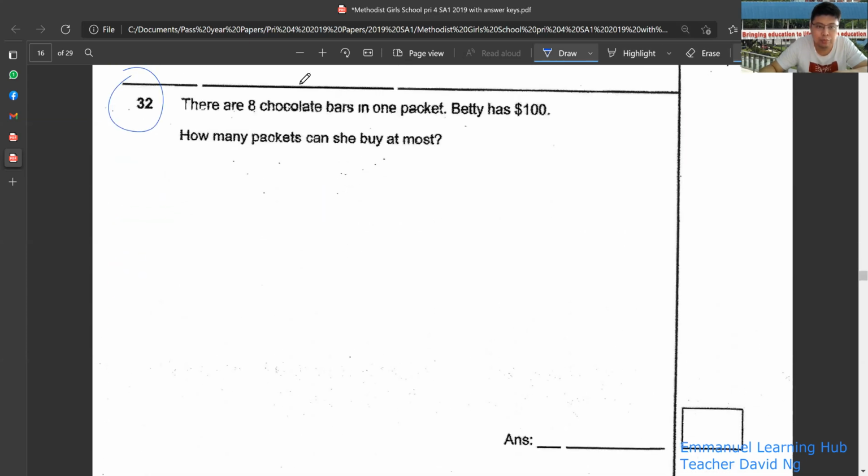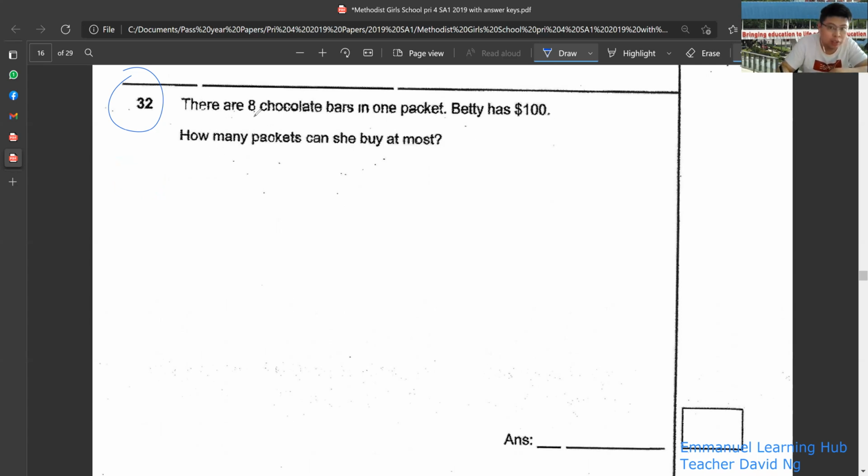Question 32. Okay, there are 8 chocolate bars in one packet. Betty has $100. How many packets can she buy at most? Okay, this question has some problem.